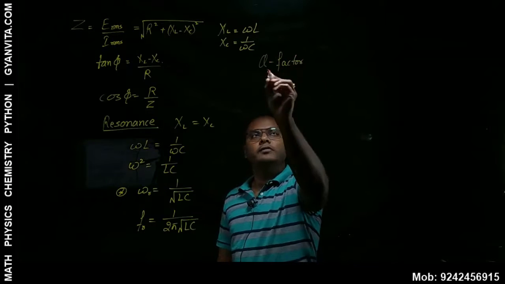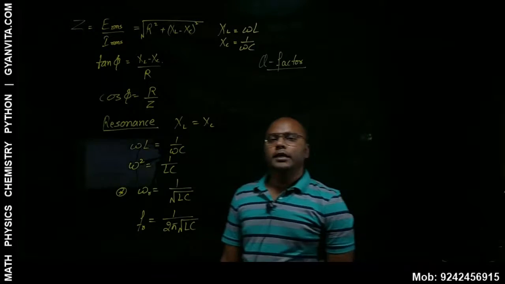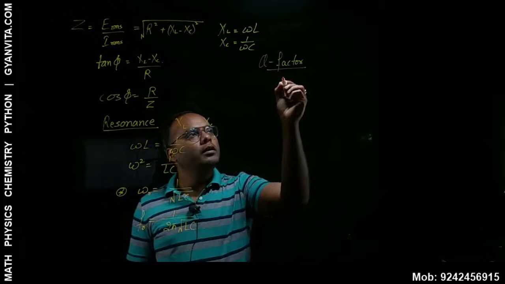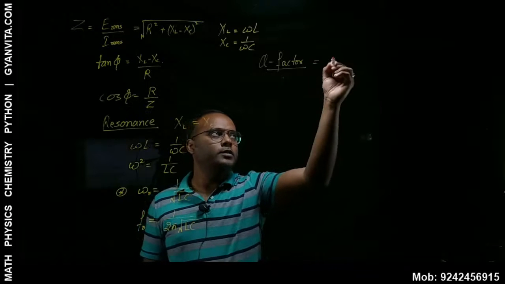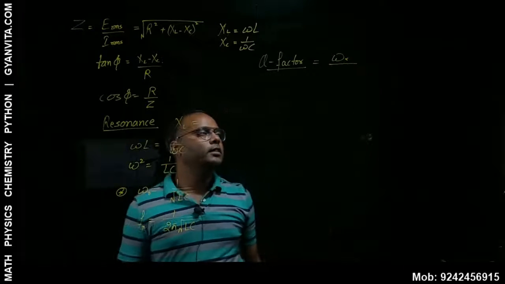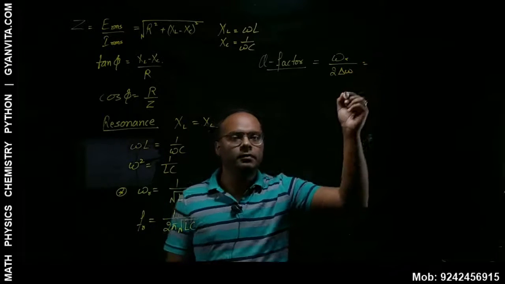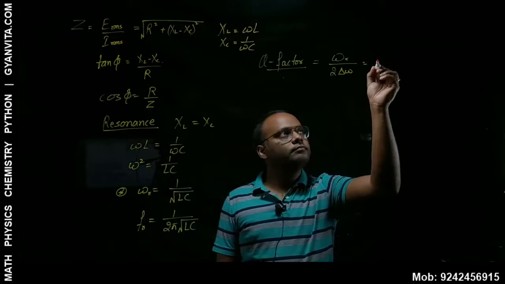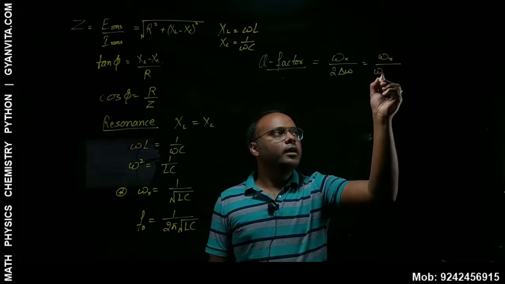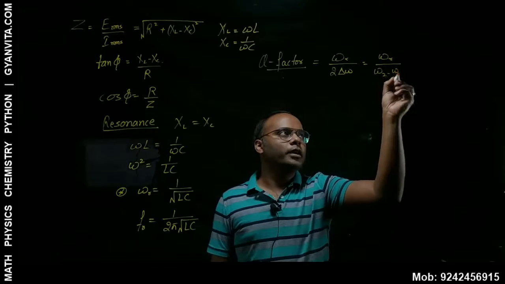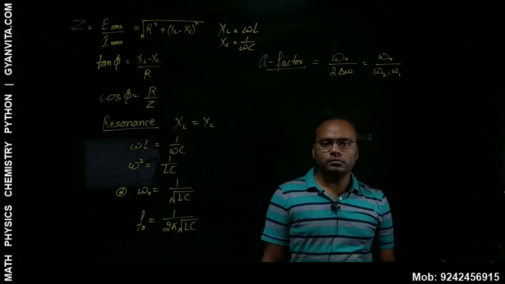Q factor is the quality factor, and for it we had one formula: Q factor is equal to the resonating angular frequency divided by omega 2 minus omega 1, or omega high minus omega low, which is 2 delta omega.